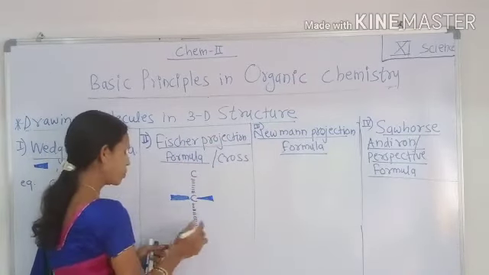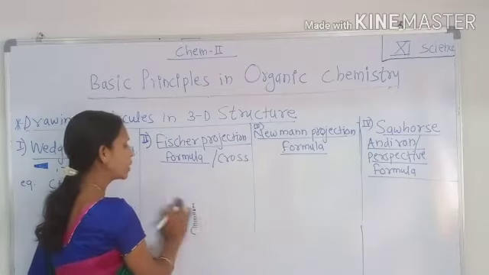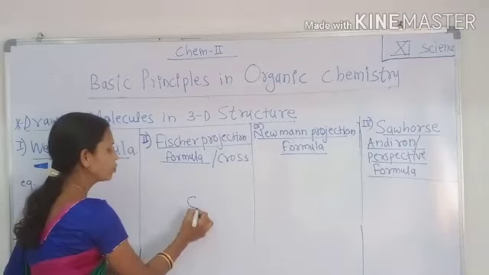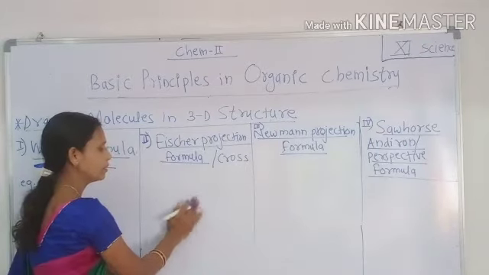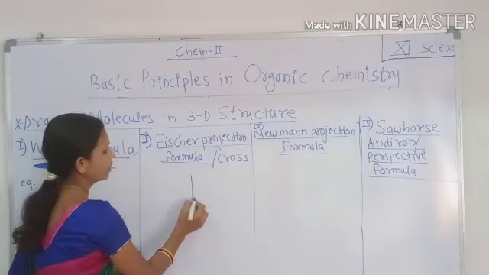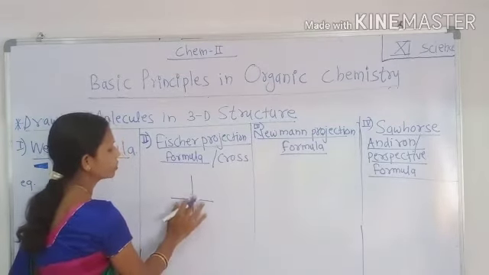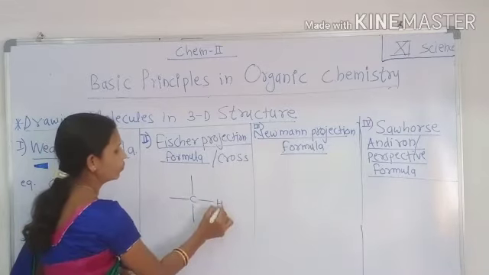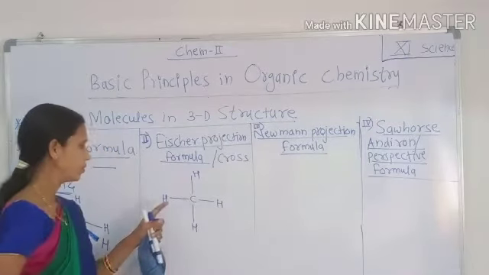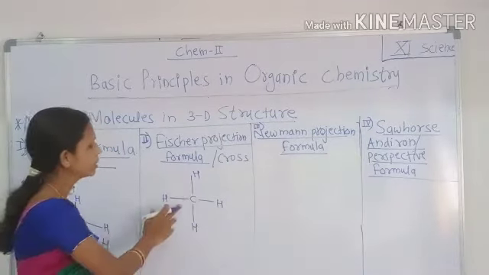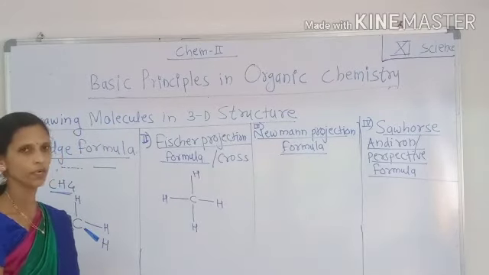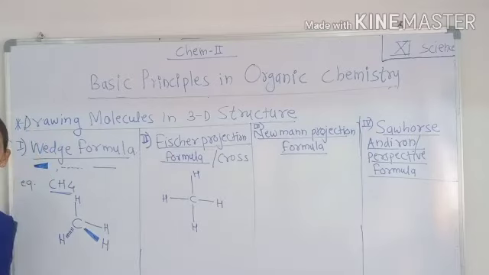Simply, the compound is shown using vertical and horizontal lines, so methane is shown like this. Here the carbon chain is represented by a vertical line, and there is a horizontal line; on the cross there is carbon, and 4 hydrogen atoms are bonded with carbon by CH bonds. That is the Fischer projection formula or cross formula for representing the methane molecule.